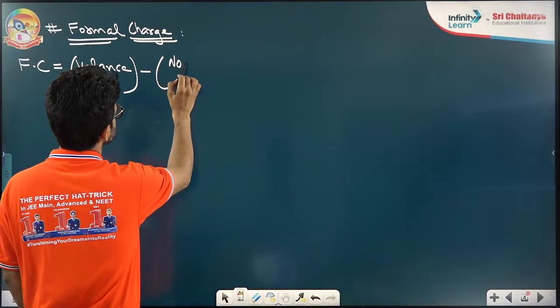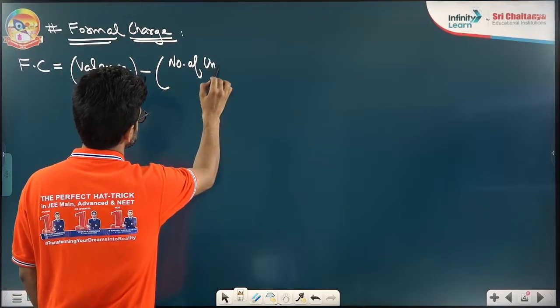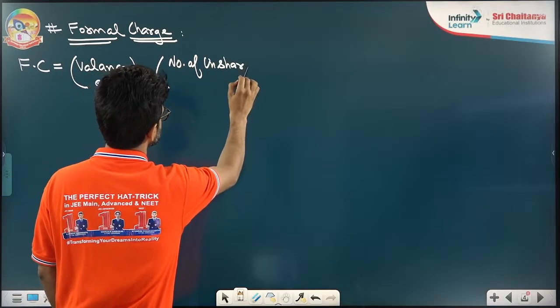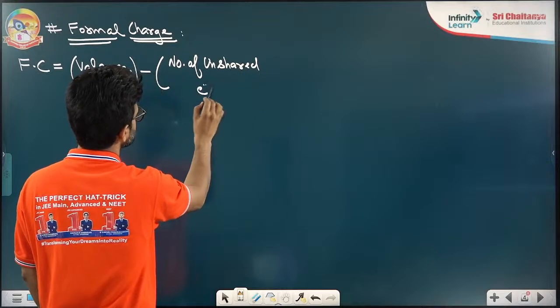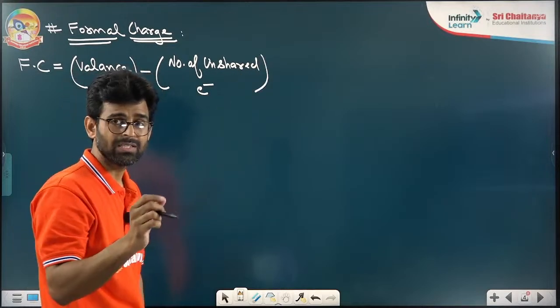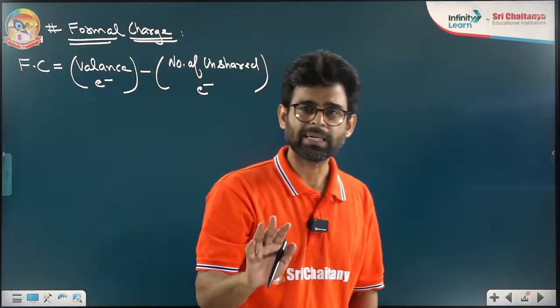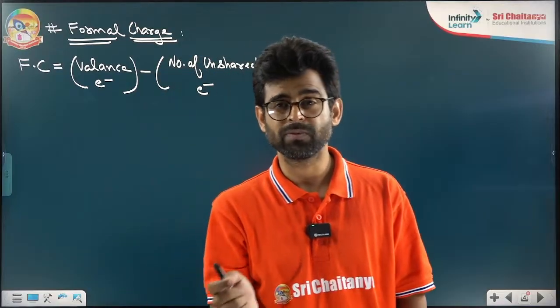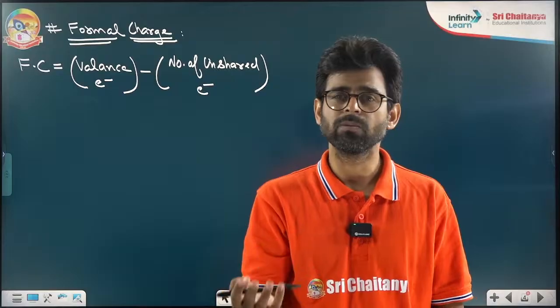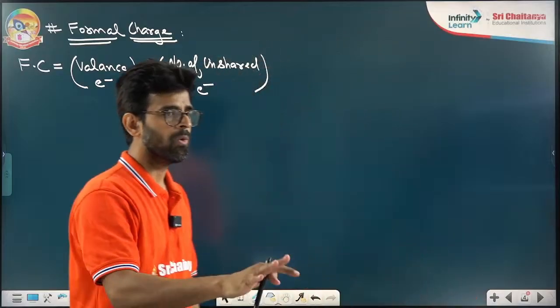number of unshared electrons. The next thing we have to check is how many unshared electrons it has. Unshared electrons means those which are not participating in bond formation, or which are present as a lone pair, outside the bond pair, right?